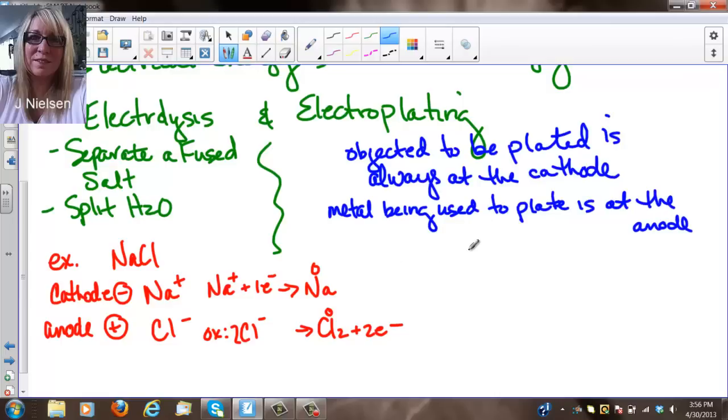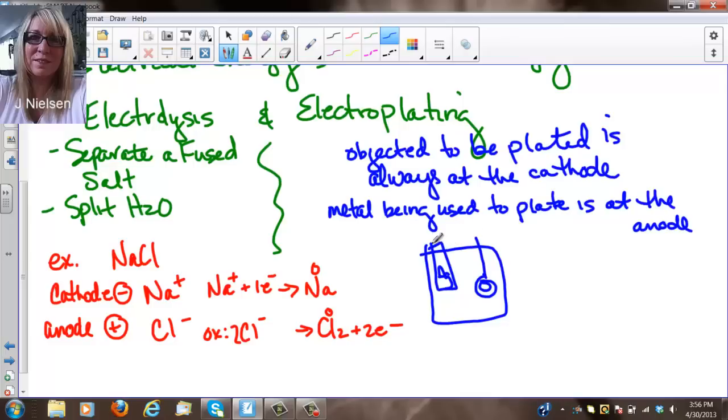So typically these are one cell. So if I have a beaker here and I have some silver metal and I have a ring attached to a wire here.